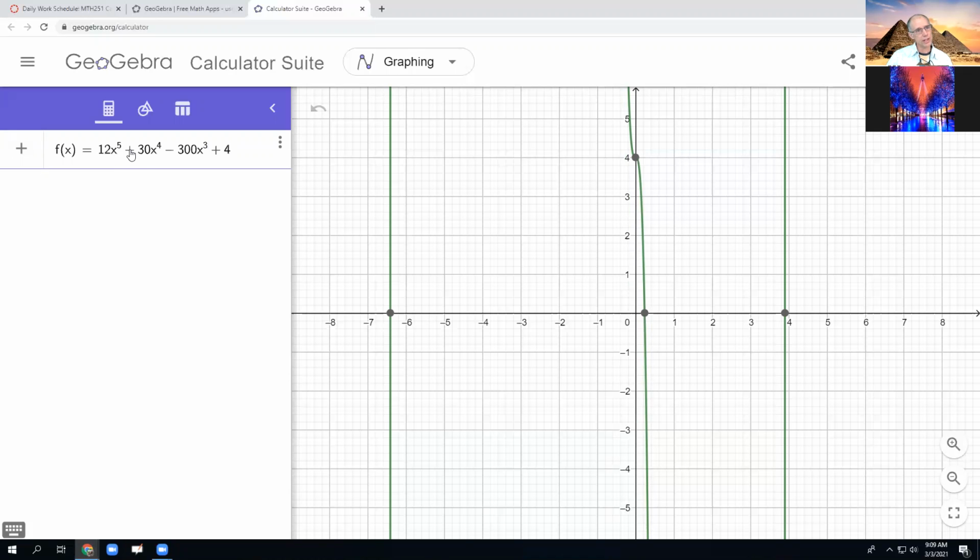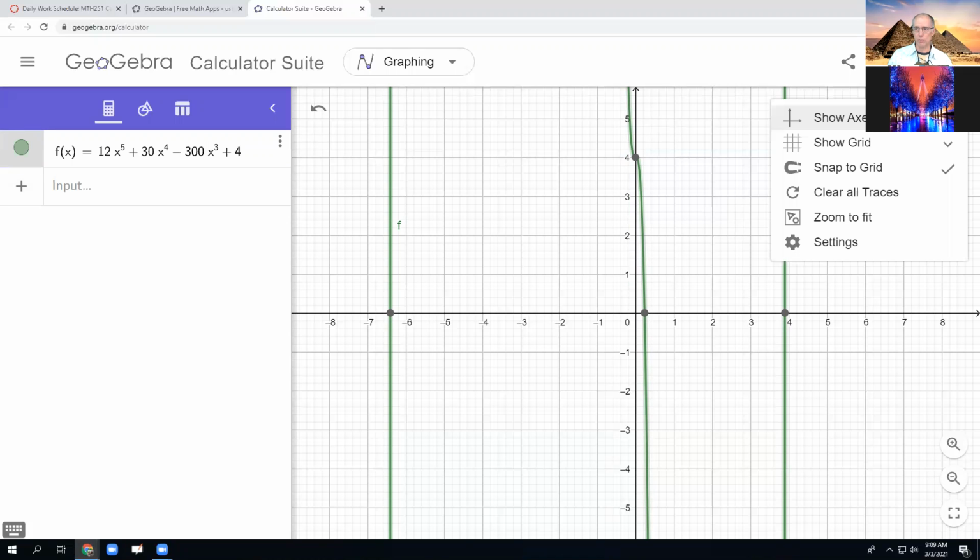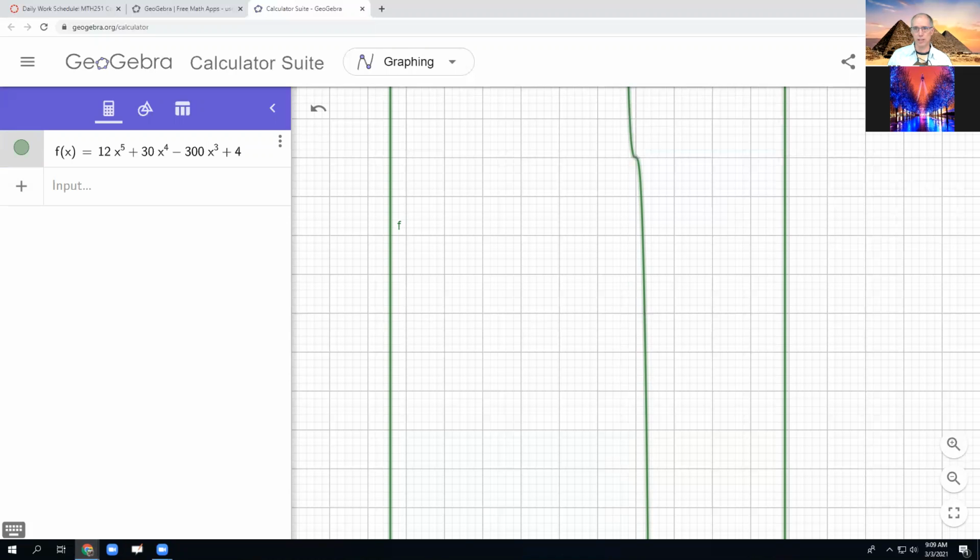Looking at this, I don't see that it is factorable in any easy way. And there's a claim that there are inflection points, which means there's a change in concavity.